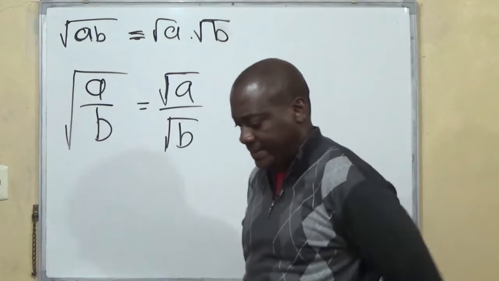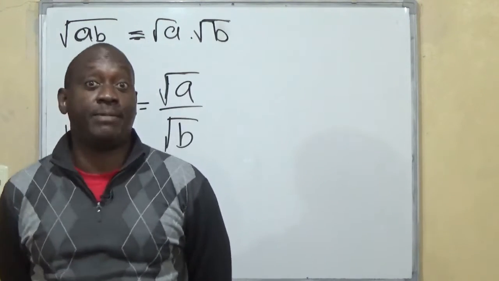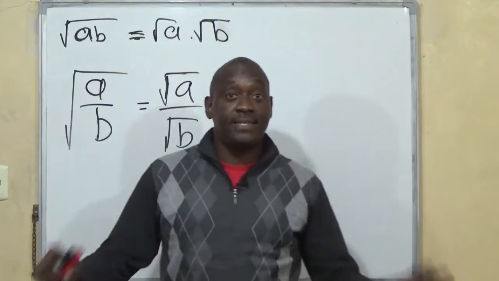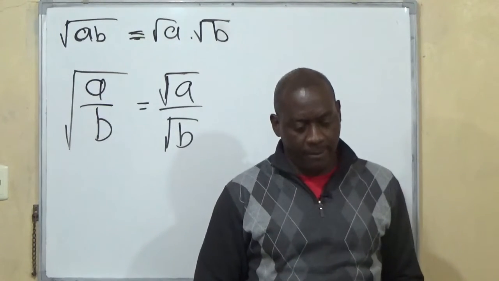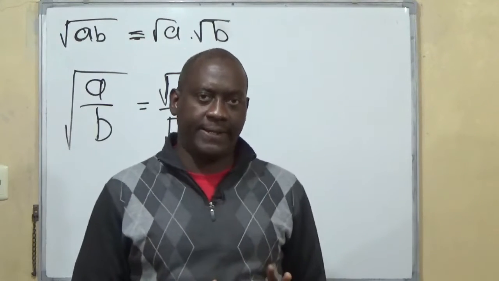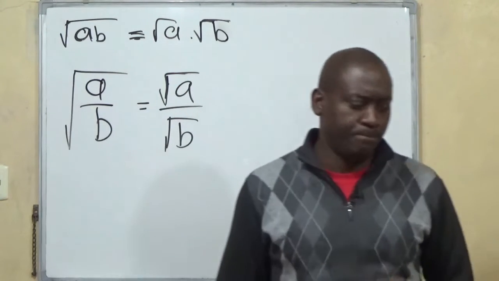So again, let me use the same numbers that we just used. We have used the 25 and the 4, and we're going to use the 16 and the 9.